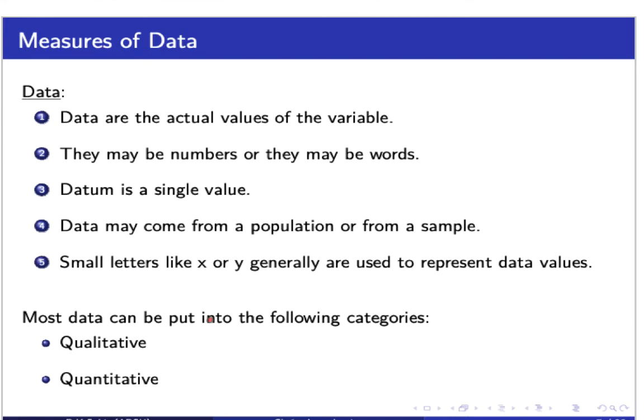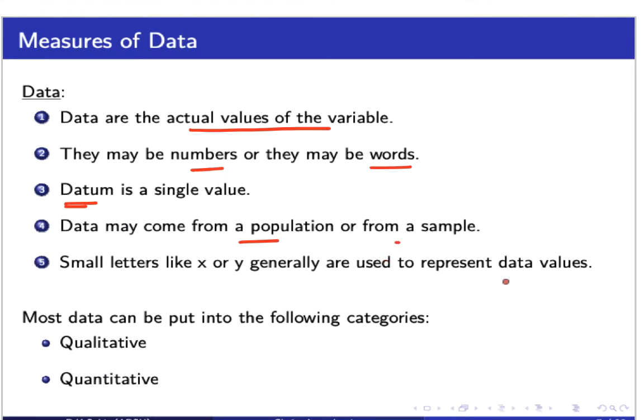So data is the actual value. That's how a statistician would define it, as the actual value of a variable. If we use the word data, it means a single value. Now this data can come from a population or it can come from a sample.